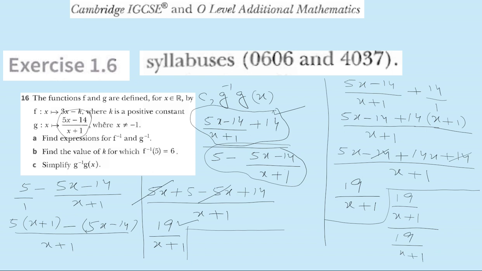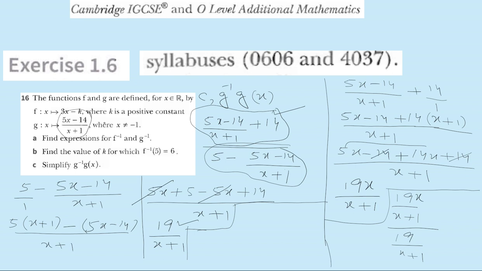I want to check again. Sorry, 14x plus 5x is 19x. I am sorry, I forgot this. 14x plus 5x is 19x. So this is not 19, this is 19x. Okay, so I did this silly mistake, but silly mistake or big mistake, a mistake is always a mistake.